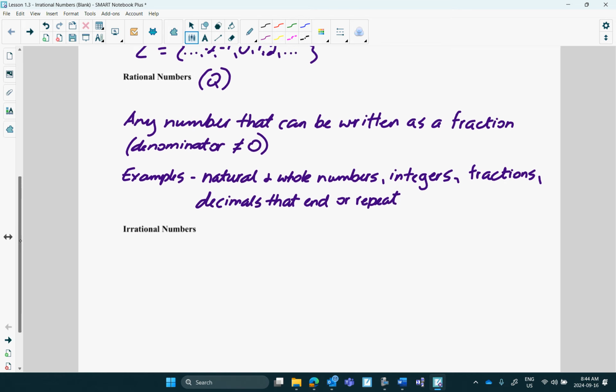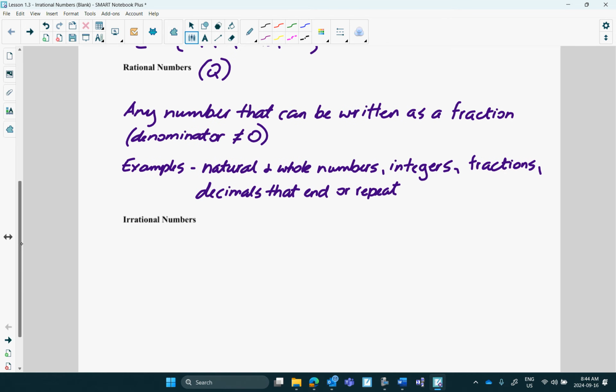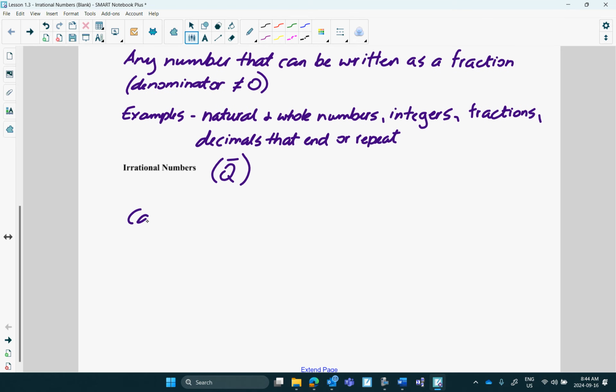So if rational numbers can be written as fractions, what do you think irrational numbers are? What do you think they are? If rational can be written as fractions, irrational can't be. Can't be written as fractions.